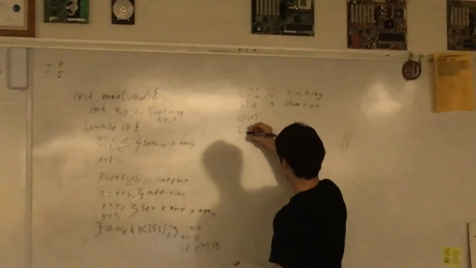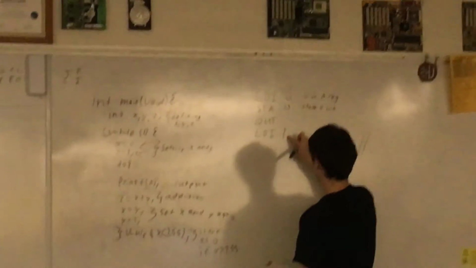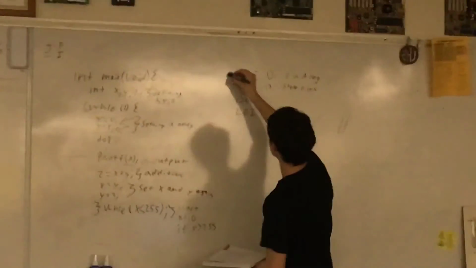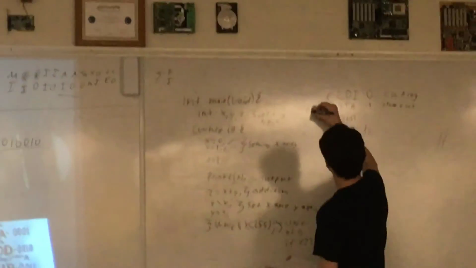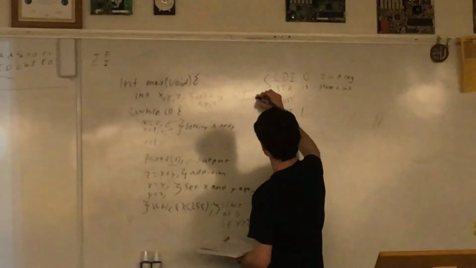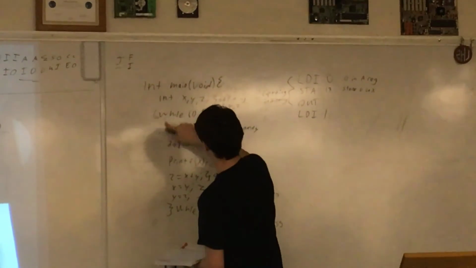And then we can do load A 1, and that's going to load 1 into A. So this is just resetting or initializing. You can also call it that. And yeah, these would be reversed.